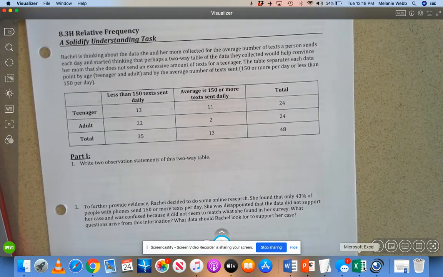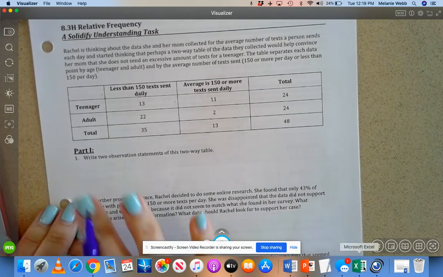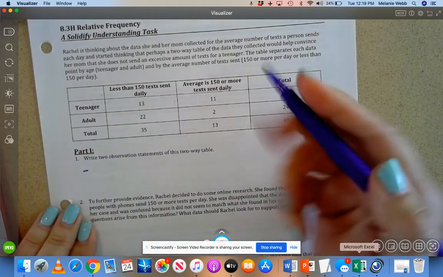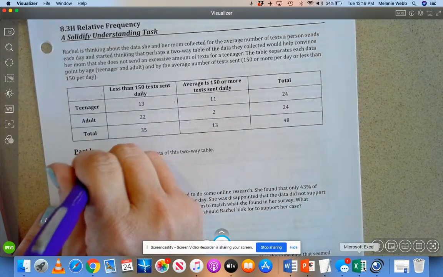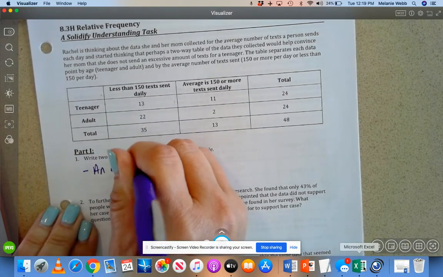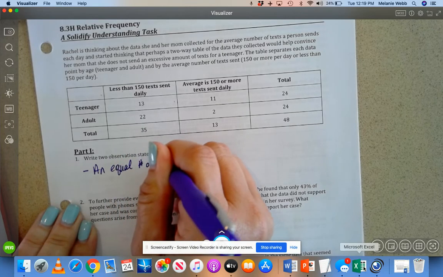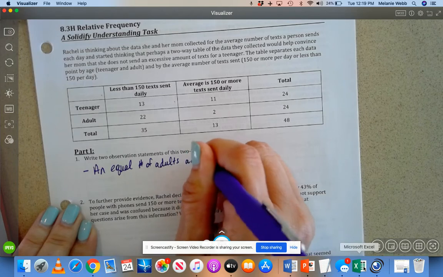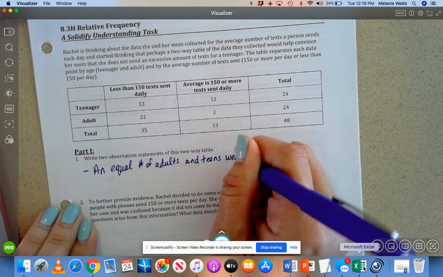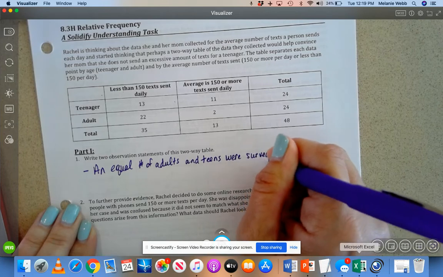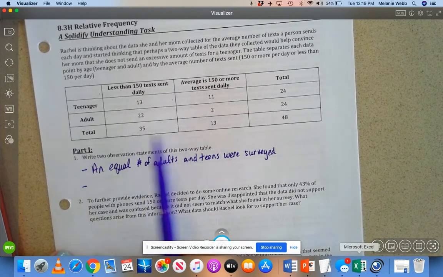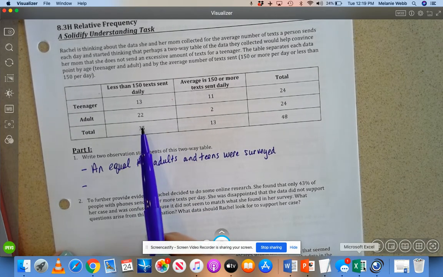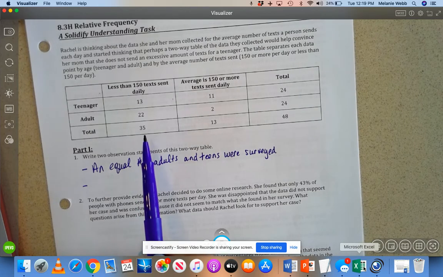So just write two observation statements of this two-way table. These are just general observations. So you could say, I noticed that an equal number of teens and adults were surveyed. So that's an observation. And another observation is, I noticed that significantly more people that were surveyed send less than 150 texts every day.